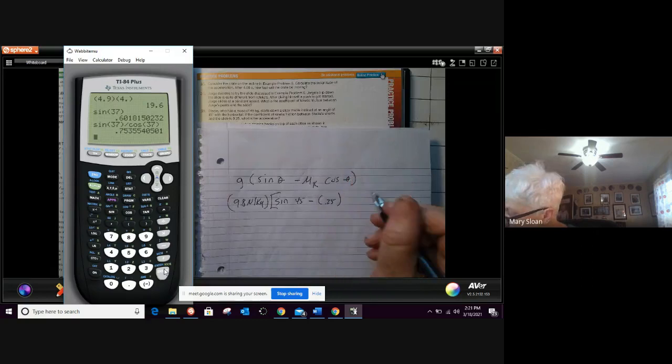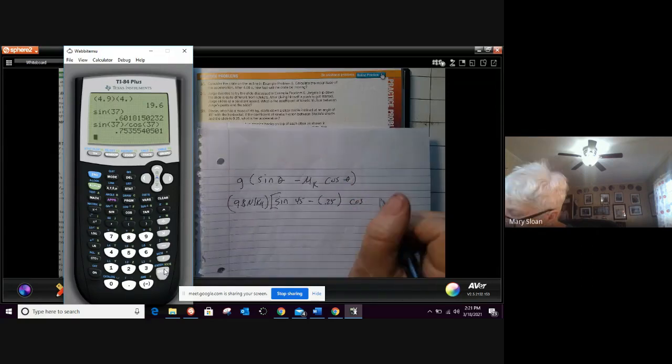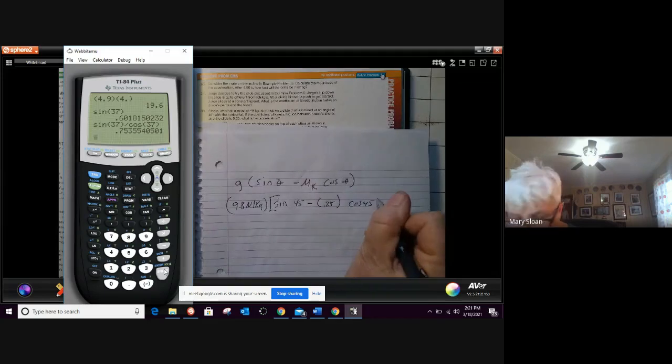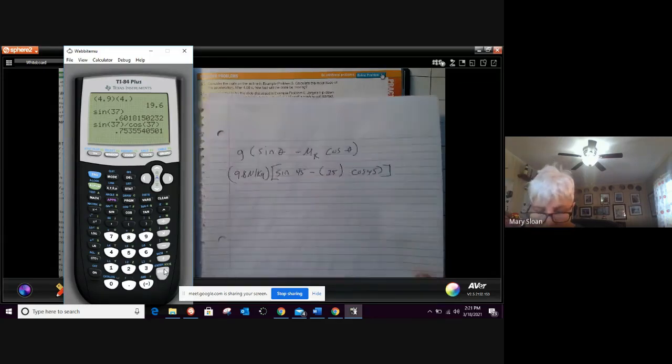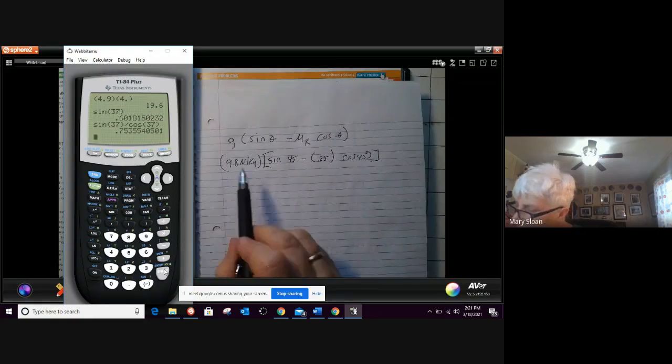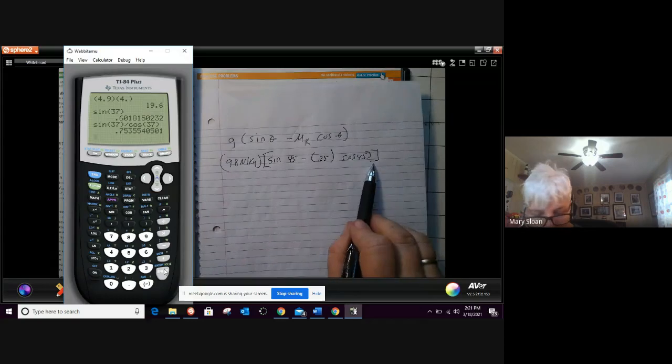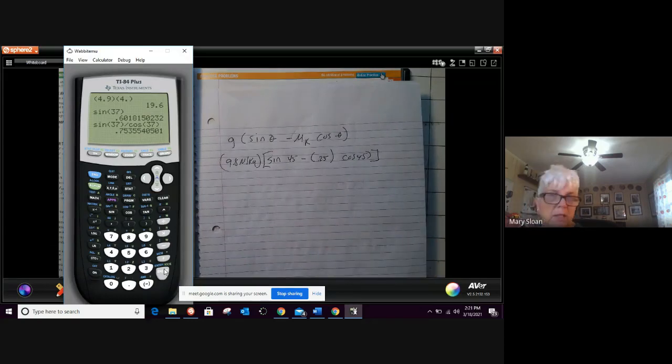So 0.25 is my coefficient of kinetic friction. And then I'm going to do cosine. And what is my angle? It says 45. Now I have to put everything into my calculator. If you see here, I have an open bracket, and then I have another bracket that goes out here, so putting it in the calculator is kind of tricky. Let me show you how.